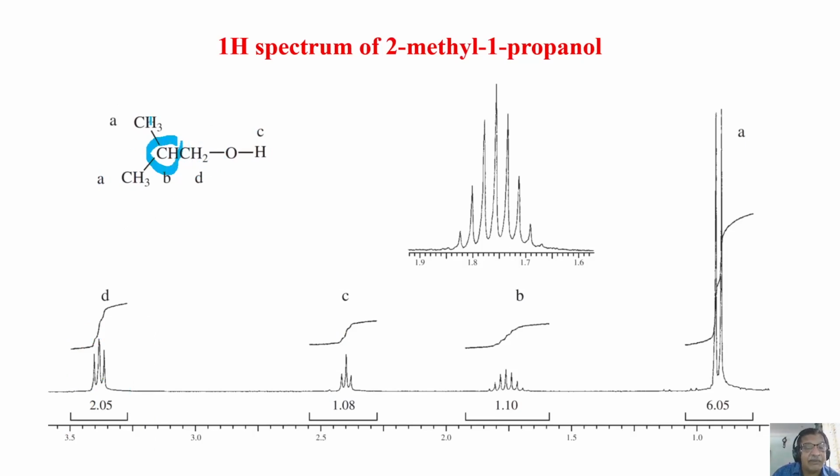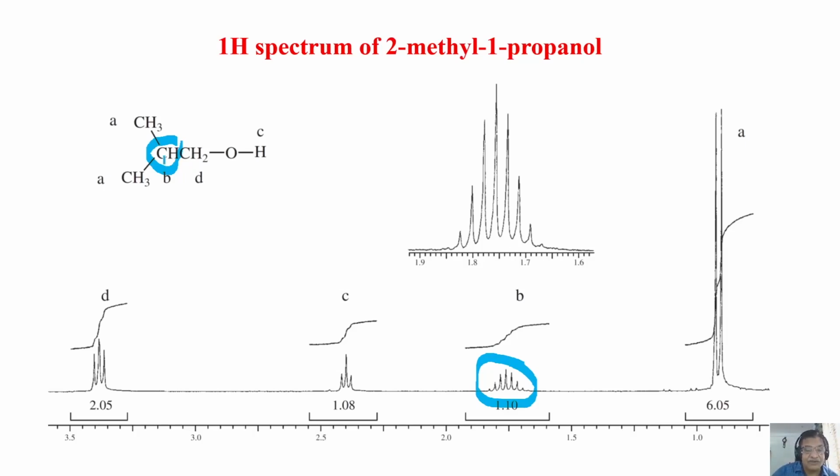First it is going to split because of this into a quartet, and then again by a triplet. So a complex multiplicity pattern you are going to see. Look at this one, and that complex multiplicity pattern is somewhere here. So this must be the CH proton. Very good. We can analyze that easily now.